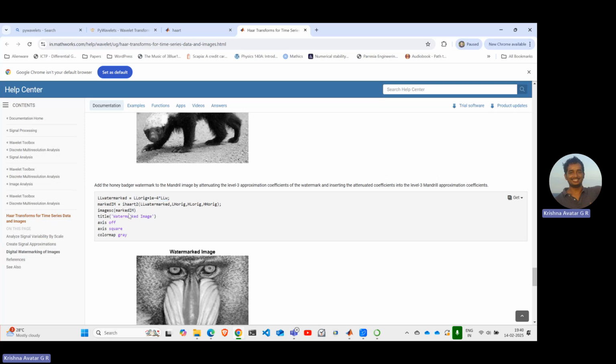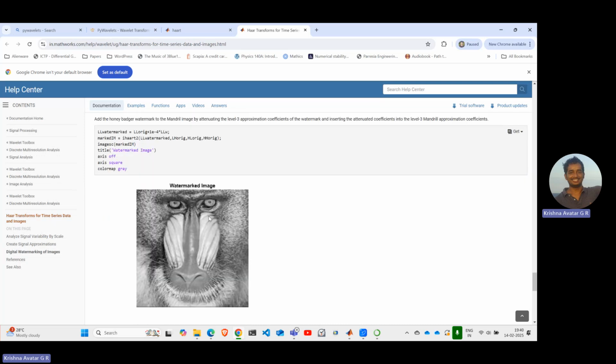Then we perform this IHaar2, which is the inverse Haar wavelet transform in 2 dimensions, providing new coefficients for the approximated image coefficients, right?